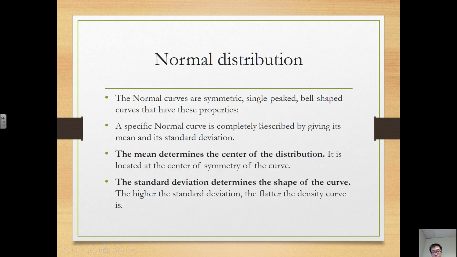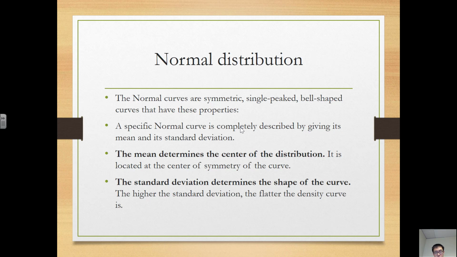So what is a normal distribution? A normal distribution has a lot of important properties. The first one is that the normal density is completely described by 2 parameters. The first one is called the mean, which is usually denoted as the Greek letter mu, and the second parameter is the standard deviation. The mean determines the center of the distribution.